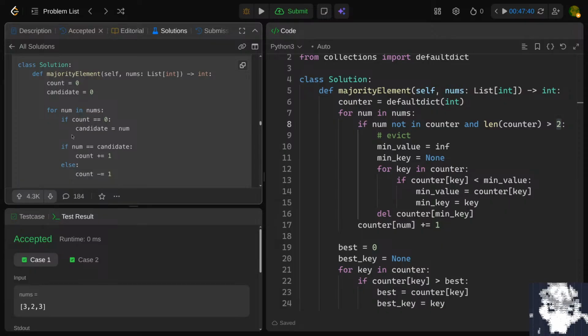The problem was I didn't know how to generate a candidate, but apparently you can always just take the next element as the candidate. Anytime your count is 0, you can just say, okay, maybe the next thing is my candidate.